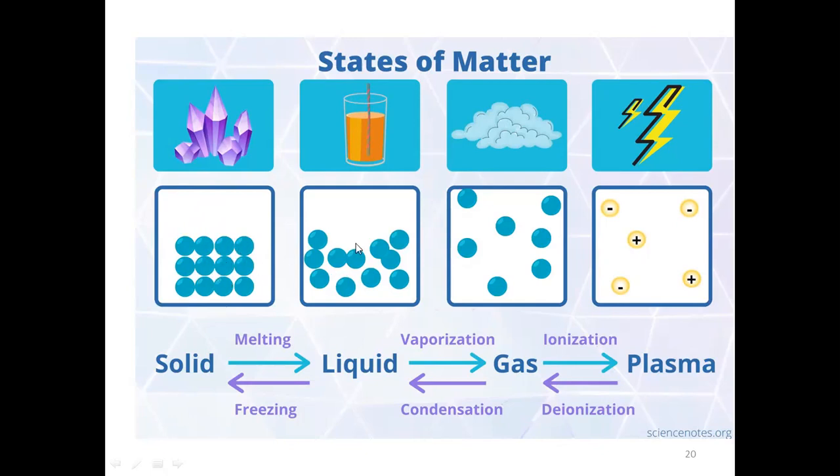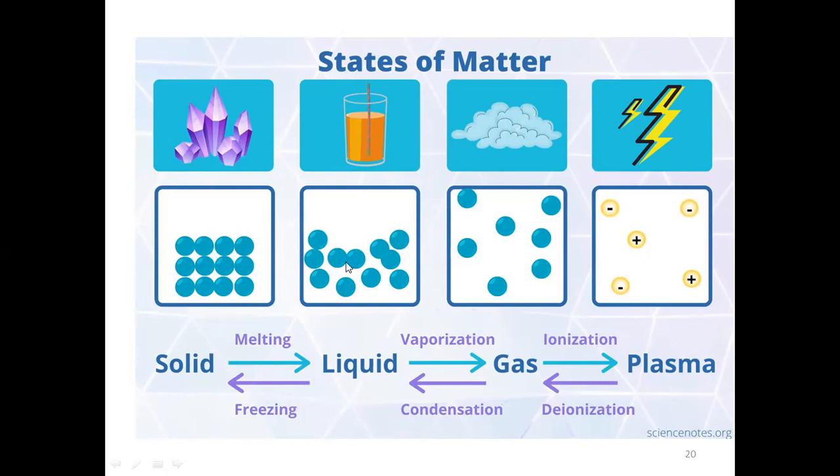These atoms or molecules are departing away from each other. Now the distance between the atoms is more, so the attraction between these two atoms is weaker. That's why this is in the form of the liquid.